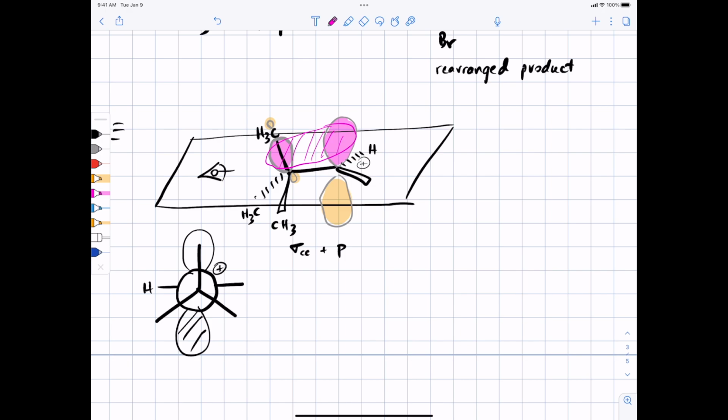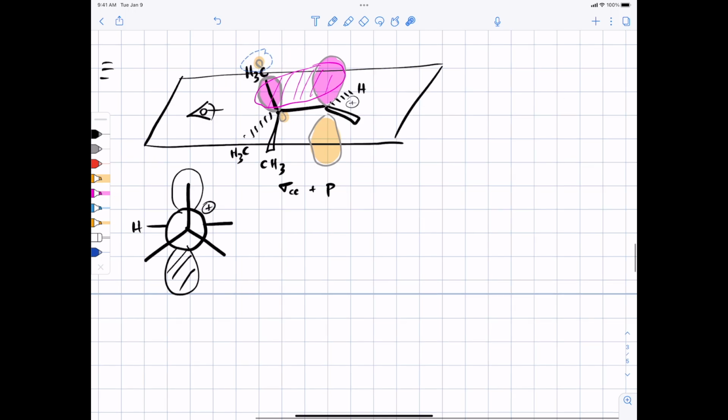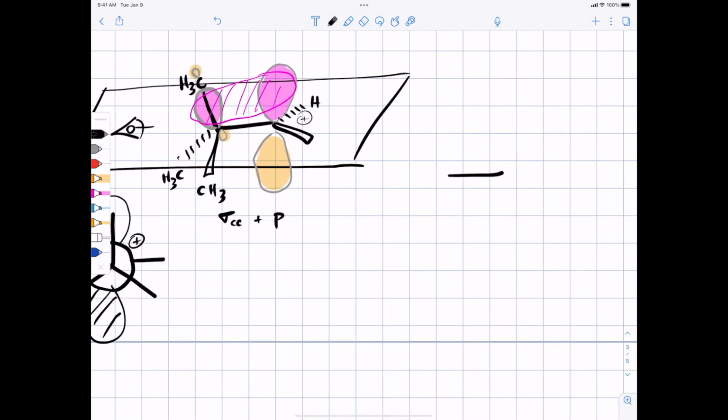So now imagine moving the methyl group over so that it's sitting in the middle, and these electrons from that bond are now just shared here. Let me show you what that would look like orbital-wise.